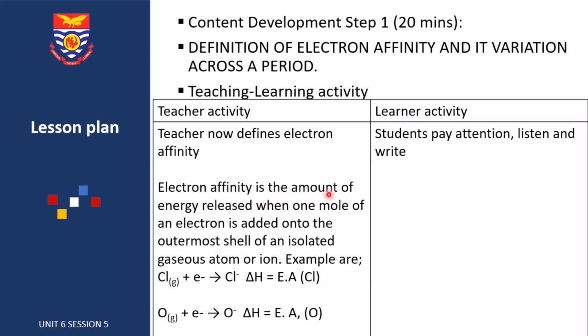Electron affinity is the amount of energy released when 1 mole of an electron is added onto the outermost shell of an isolated gaseous atom or ion. This is the activity you, the teacher, are undertaking, and students are also to perform these activities. This is not our major idea.